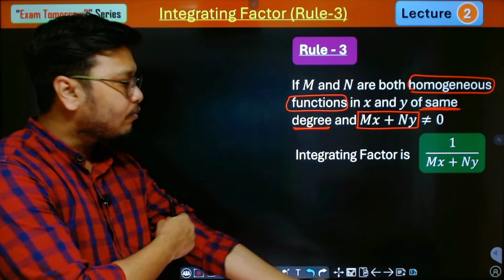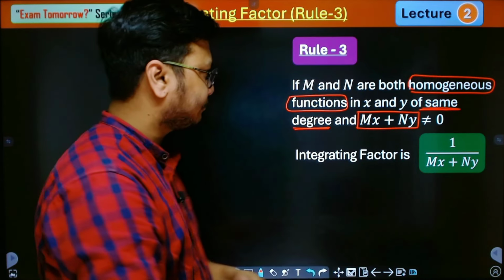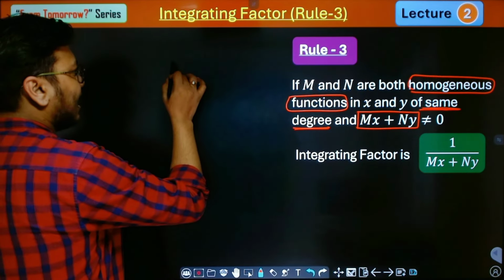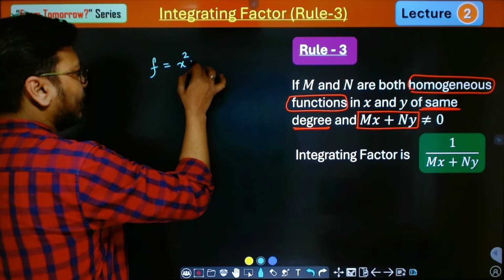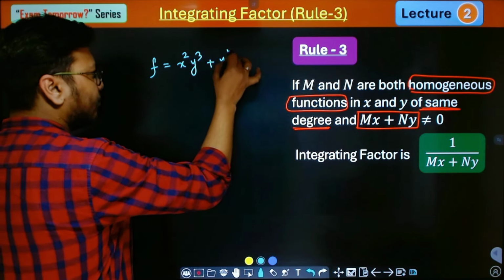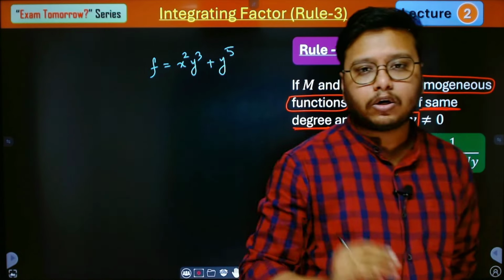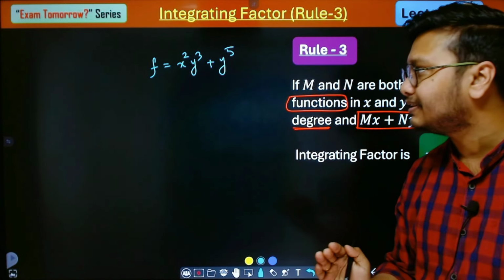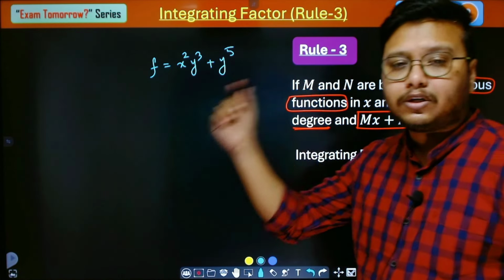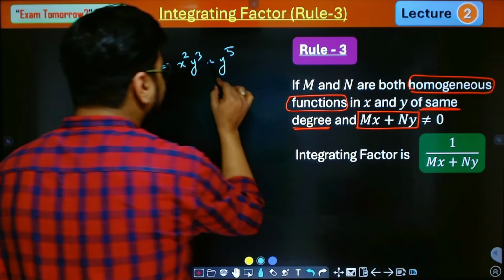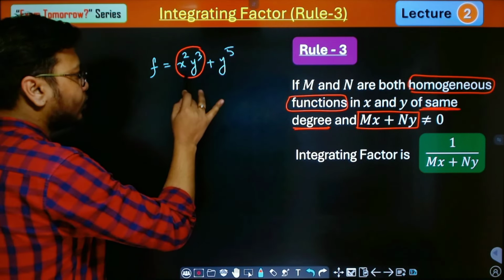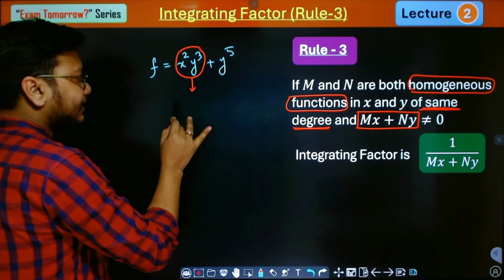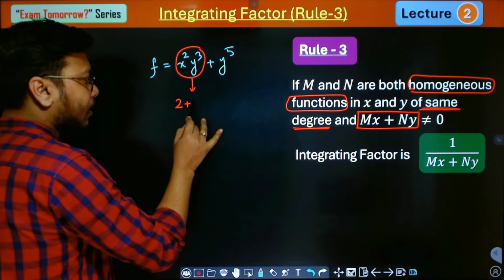Now let's understand the meaning of a homogeneous function. Suppose I have a function, let's take an example, x² y³ + y⁵. Is this homogeneous or not? Yes, it is homogeneous. Look at the total powers of the terms. The total degree of the first term: x has a power of 2, y has a power of 3.